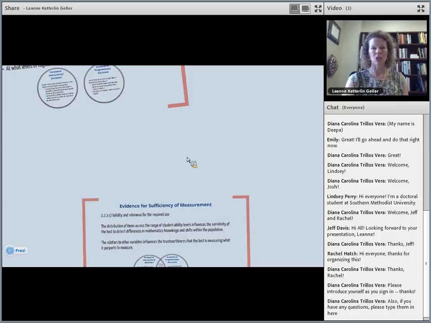Their guidelines, which can be downloaded from the website, include section 2.2.2, which focuses on evaluating technical documentation. They recommend evaluating the technical documentation along 6 dimensions, and today I'll share evidence for the first 3.